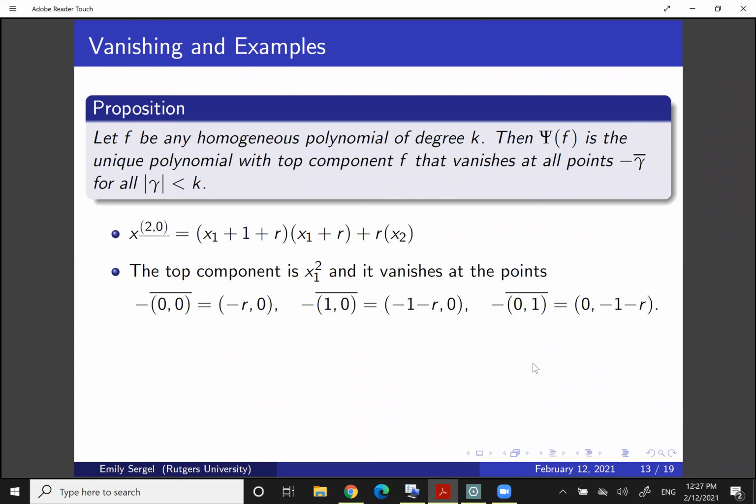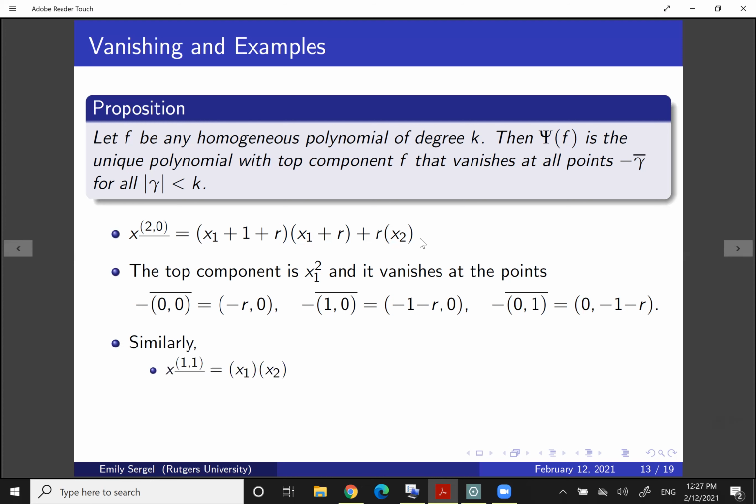Right, so I claim to you that this is one of my bar monomials, and I can check it. I can check that the top component is what you want, and I can check that it vanishes where you want. And you may recognize this as one of those chunks that kept occurring in my earlier example, right? This was that big chunk that had parentheses around it. And if I look at the other guys of degree 2, we'll see the other chunks.